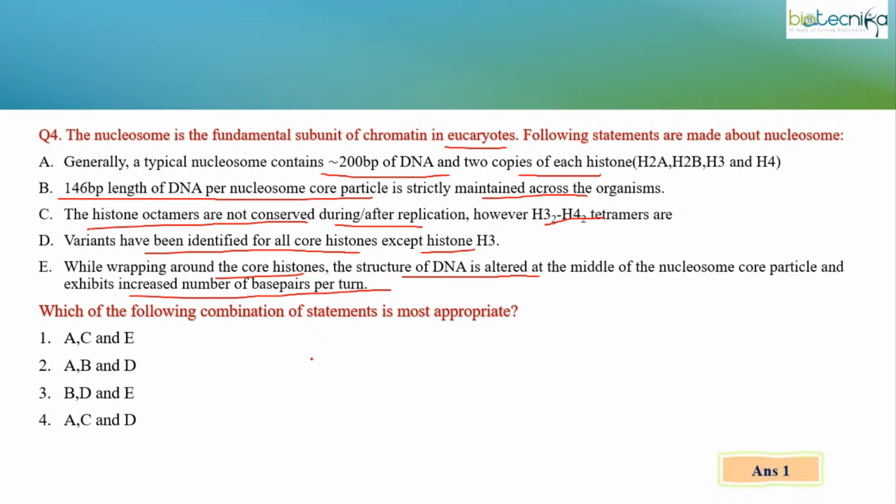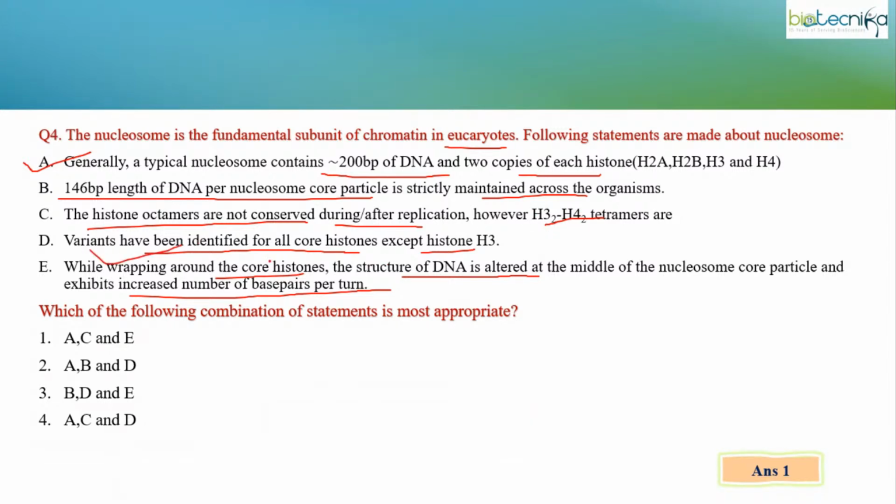Beautiful colors. But the correct answer over here is ACE. That is, a typical nucleosome will contain 200 base pairs. Depending upon the linker DNA, these base pairs will be changing. Then histone octamers are not conserved, but tetramers are.